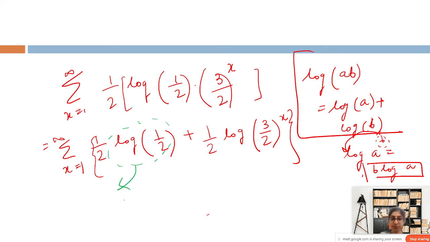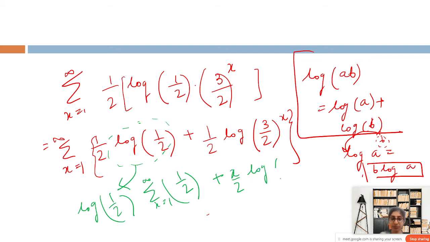So we take it outside. Then this becomes x equals 1 till infinity 1 by 2. And here it becomes x by 2 log of 3 by 2. This is the term that we are getting now.